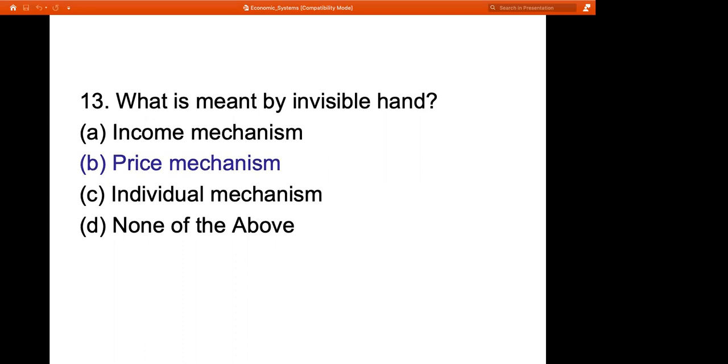The proponents of Adam Smith say that if the price is allowed to act freely, that means if there are no restrictions or legislations by the government on price, then the price acts as an invisible hand, and there is efficiency in all aspects of the economy.